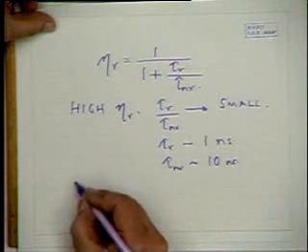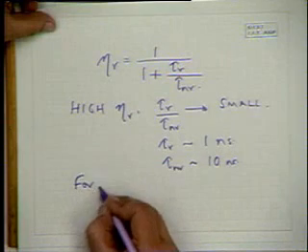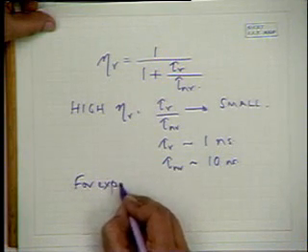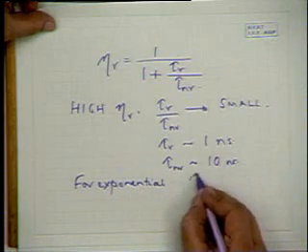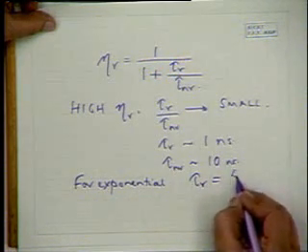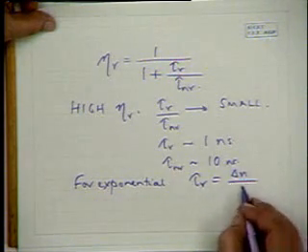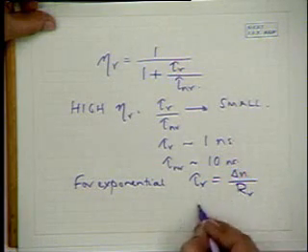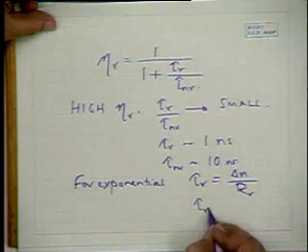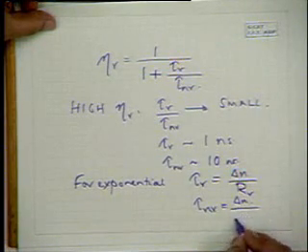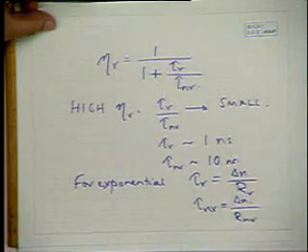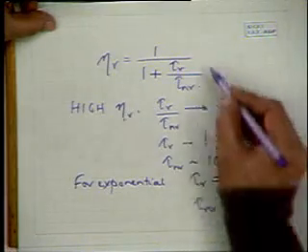For an exponential decay process, we can approximate, for example, tau R by just delta N by RR and tau NR by delta N by RNR, which we have used for getting this expression.